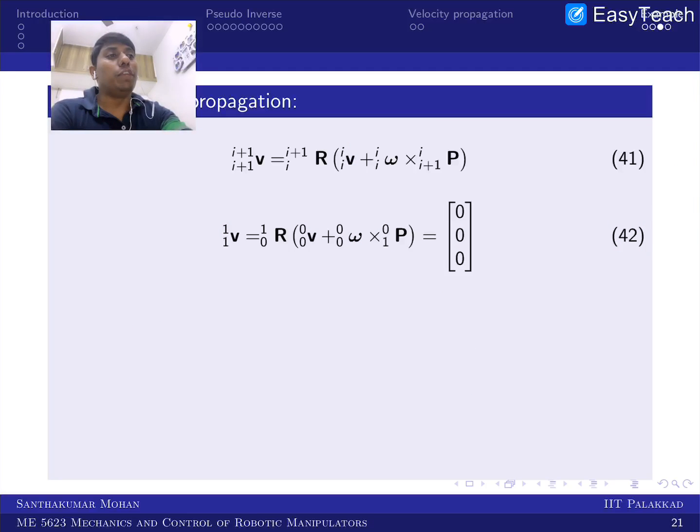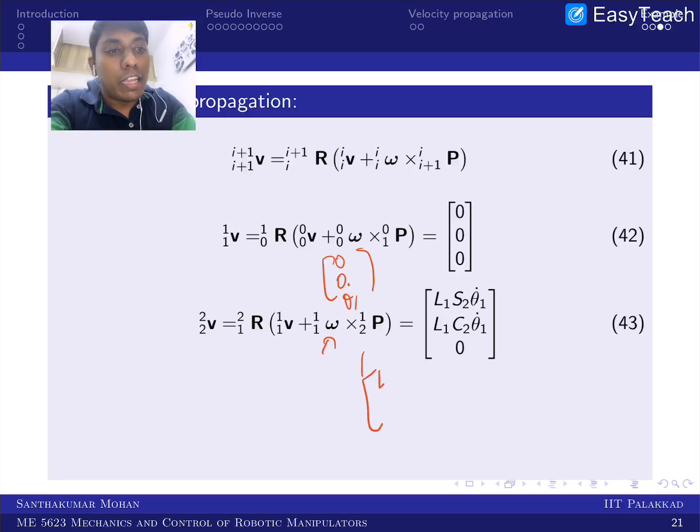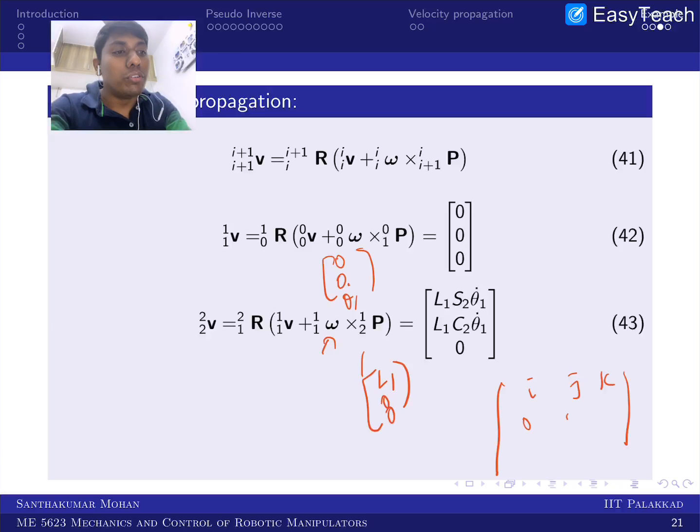So v1 with respect to 1 is 0, and we are trying to see what happens to the second one. In this case it is going to be 0, 0, theta 1 dot cross L1, 0, 0. What is the cross product? We will take it in skew symmetric matrix form later on. Right now we'll take the conventional way, i, j, k, with 0, 0, theta 1 dot and L1, 0, 0.